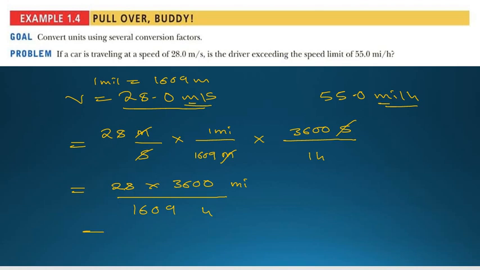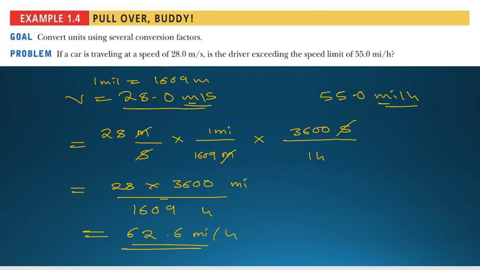Computing that on your calculator, you're going to get something closer to 62.6. On top we have miles, and this division shows miles per hour. This is how you smartly convert units.